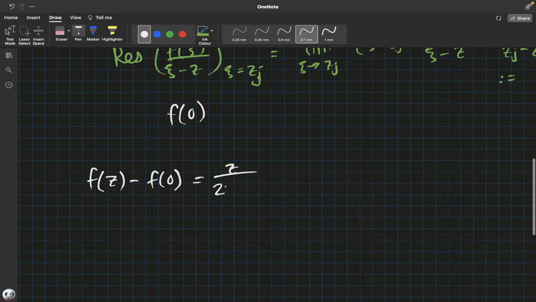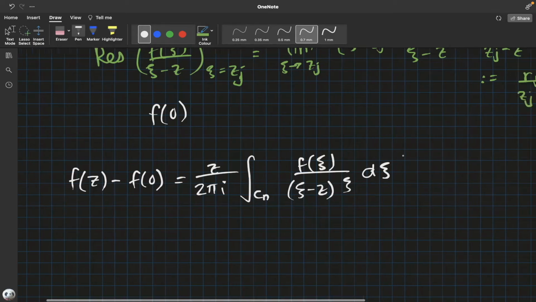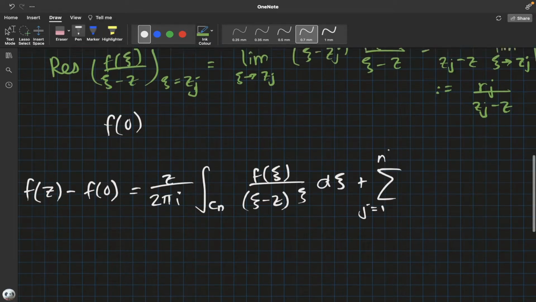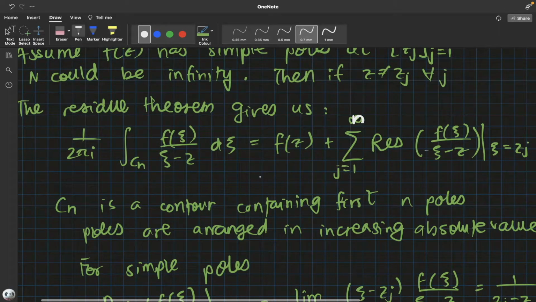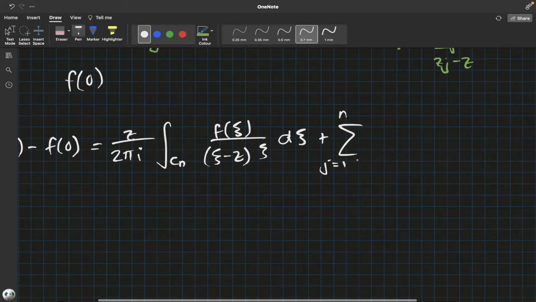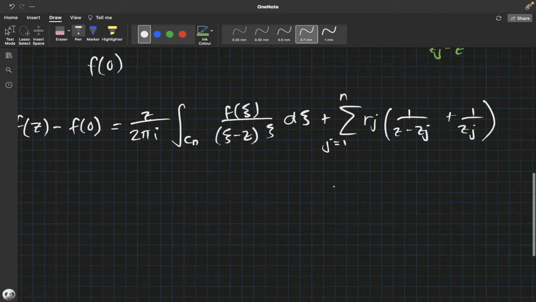So we find a common denominator there and simplify significantly: the integral of f of c over c times c minus z dc, plus the sum from j equals 1 to n, because we're enclosing n of those, of r_j times 1 over z minus z_j plus 1 over z_j. Fine, this is pretty much straightforward.